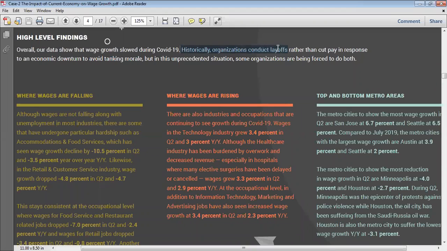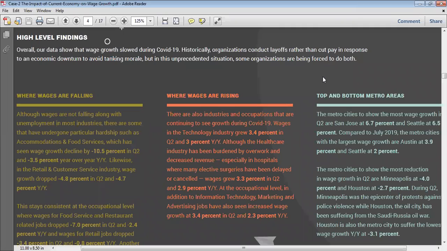Historically, organizations conduct layoffs rather than cut pay in response to an economic downturn to avoid tanking morale. But in this unprecedented situation, some organizations are being forced to do both. So generally what companies did during recession is lay off, meaning they removed some employees.